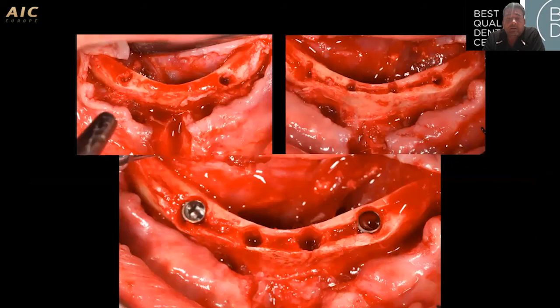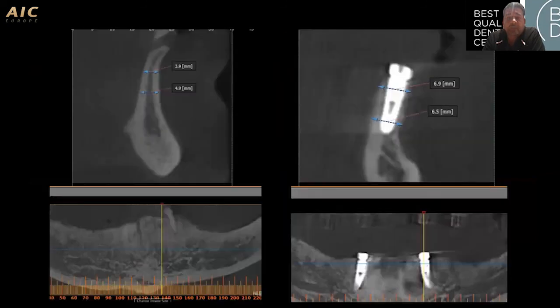And over here we have the sequence of the images. On the CBCT scan, on the left image, we started with 3.9 millimeters on the top of the bone, and we achieved 6.9 at the end. So it was very nice.